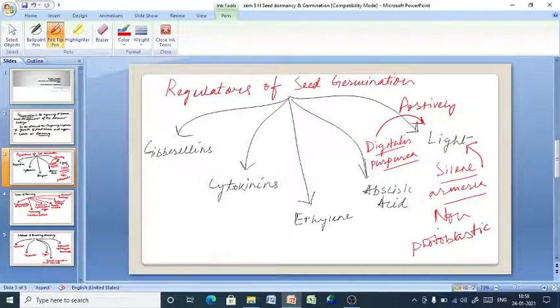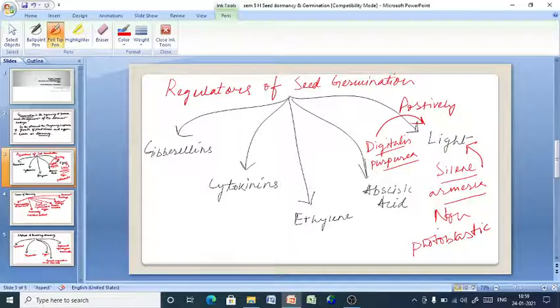Now, we can also differentiate the positively photoblastic seeds into two types. The first one acts on a single brief exposure to red light and induces germination. And the second type of seed will only germinate when repeated exposure to light is provided.